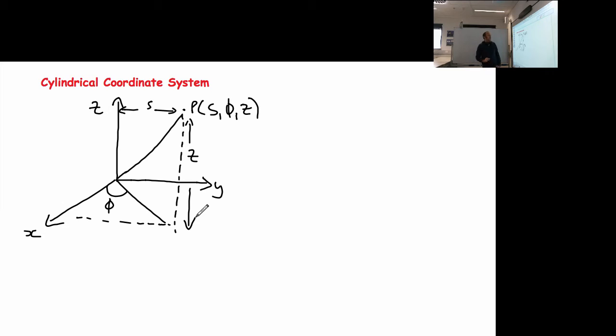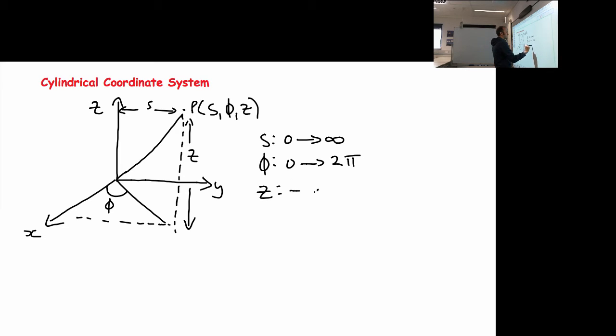Okay, so S is going to go from 0 to infinity, Phi goes from 0 to 2 pi, and Z will go from minus infinity to plus infinity.